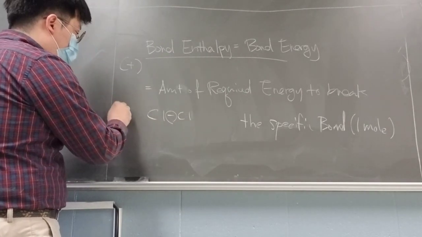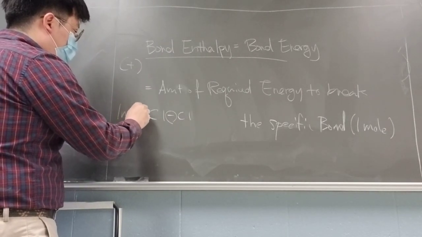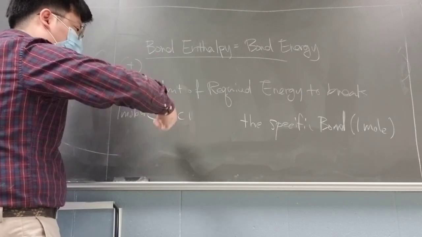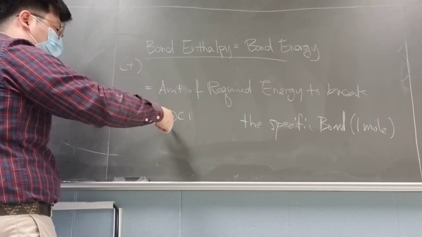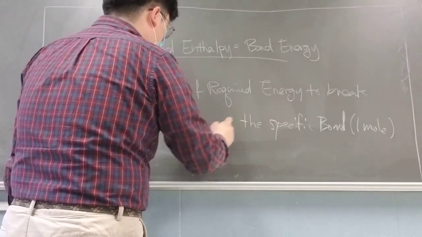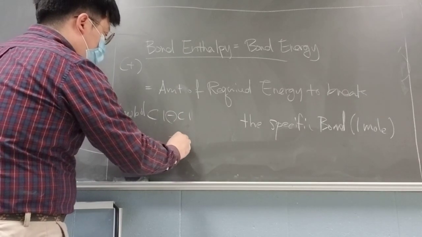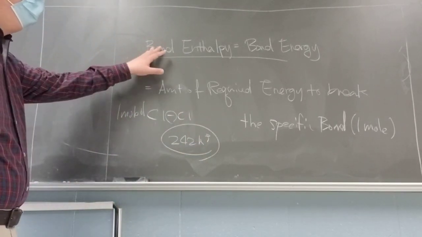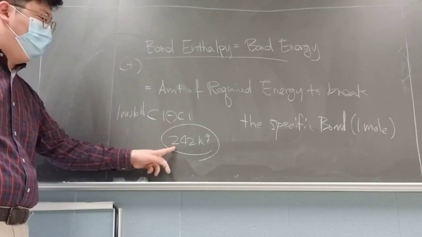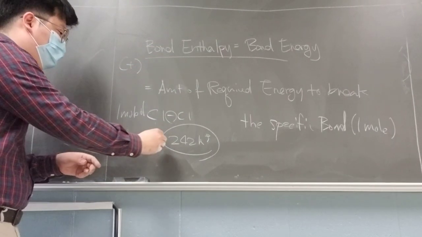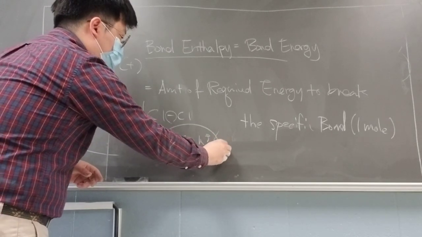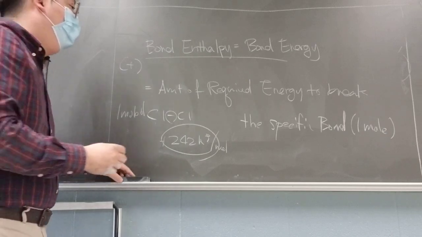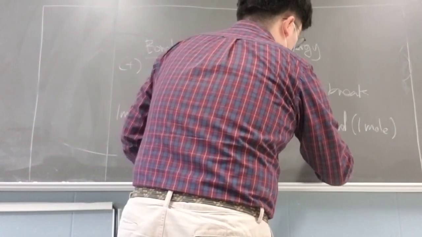So if you have 1 mole of a diatomic molecule like chlorine, you can break it. There's only 1 bond in each molecule, right? So it'll be 1 mole of bonds. To break it may take about 242 kilojoules of energy. Then the bond enthalpy of this bond will be 242 kilojoules, and obviously it's per mole because it's 1 mole. Make sense, right?